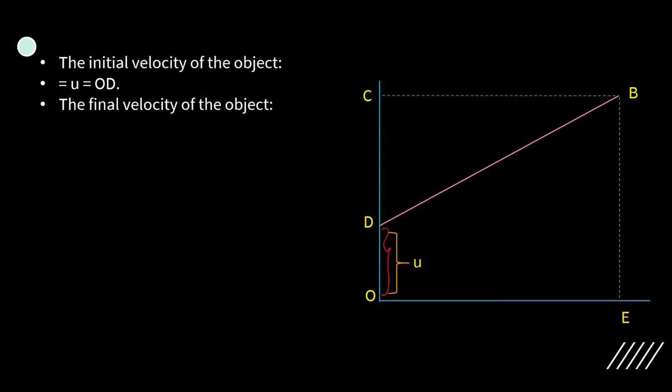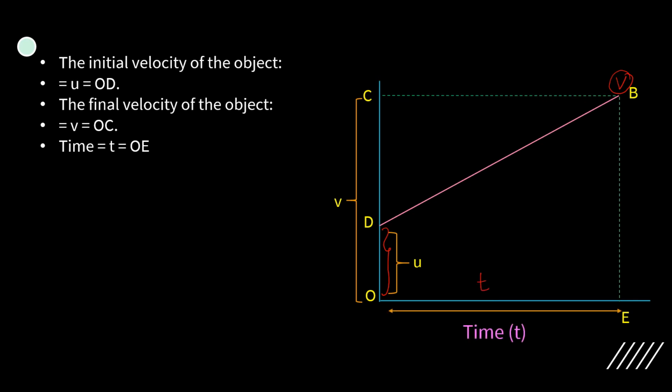So when the object reaches here, the final velocity is going to be v, which is nothing but the distance OC. After reaching the point B, this is the final velocity. Let us assume this is the time taken. The time taken is OE, which is nothing but t.